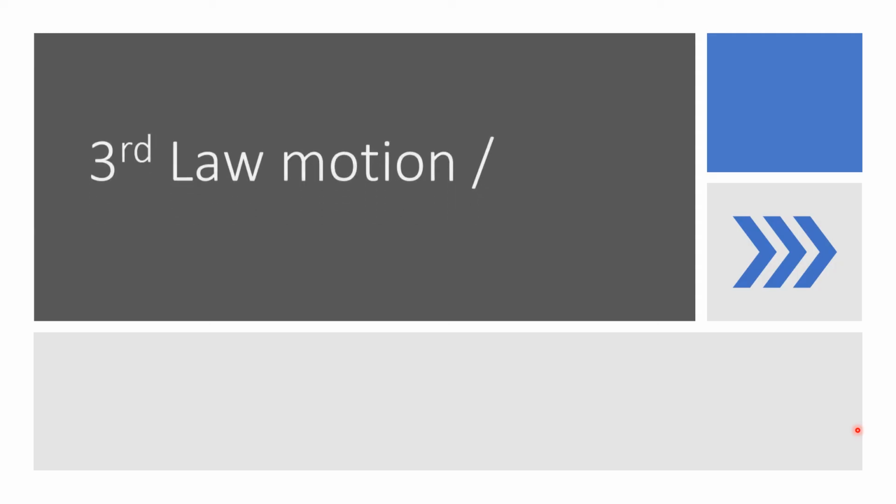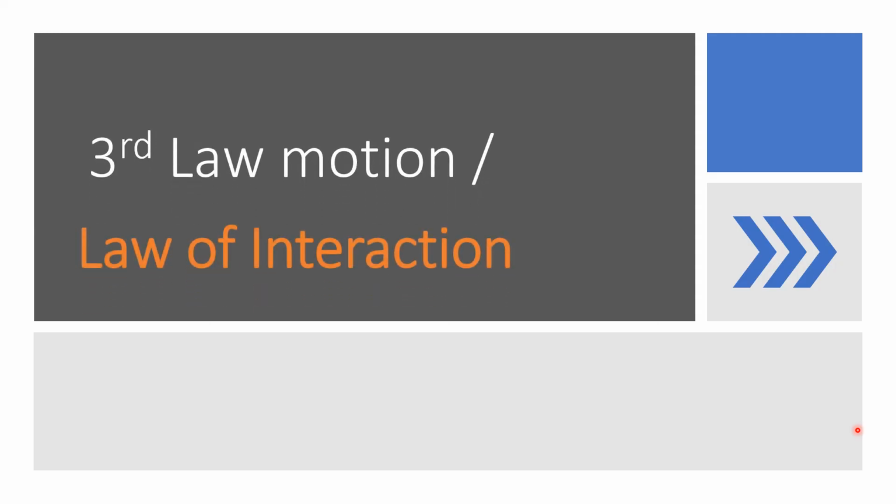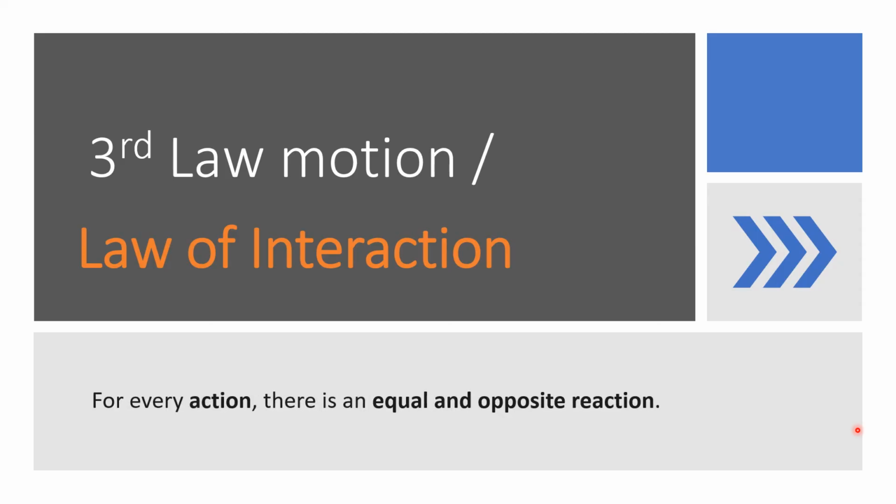Now, let us proceed with the third law of motion or also known as law of interaction. Based on this law, it says that for every action, there is an equal and opposite reaction. Always remember, the word action: for every action, there is an equal and opposite reaction. Now, highlight natin yan.